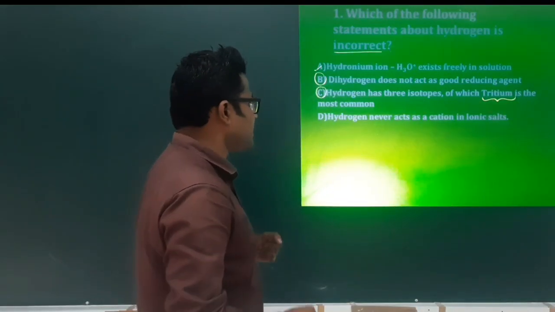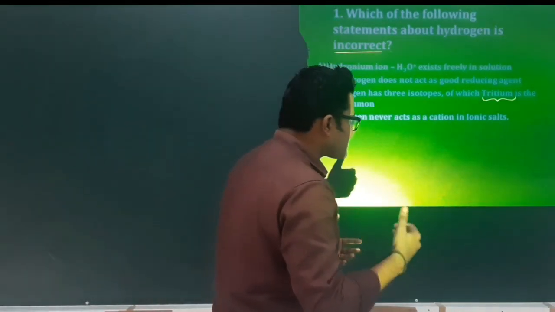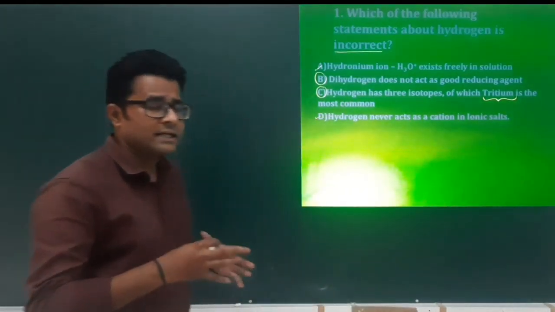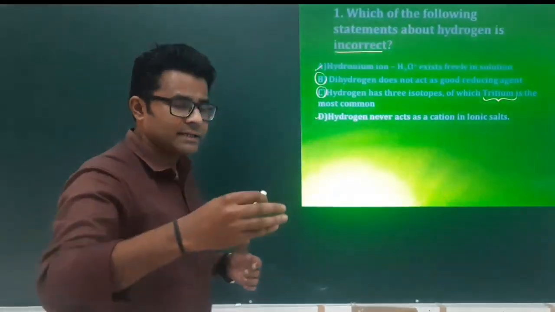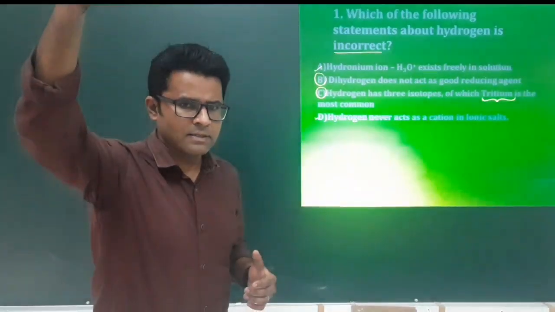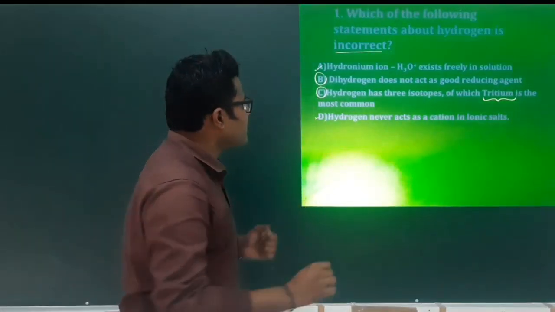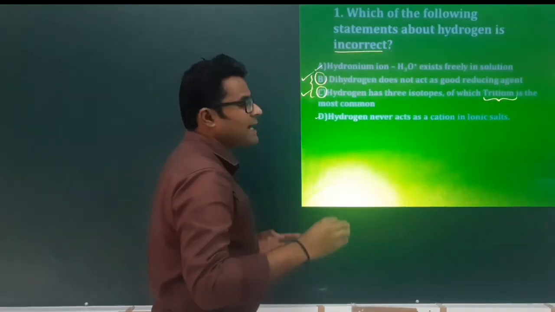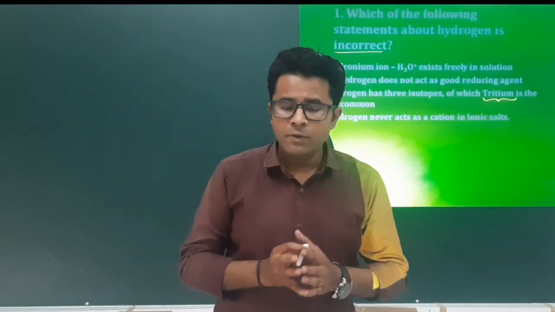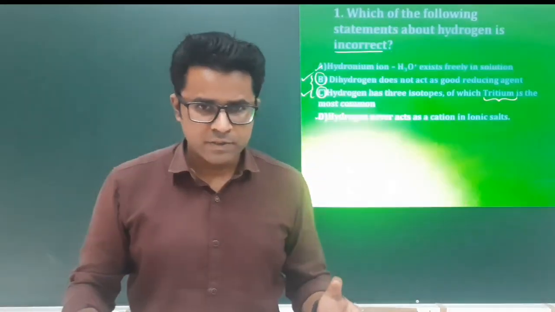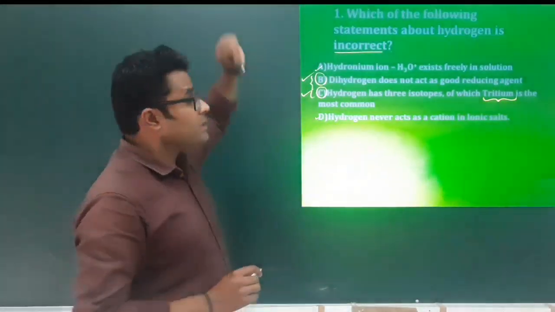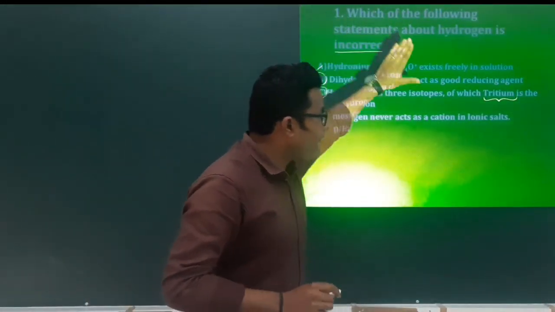Let's check option D. Hydrogen never acts as a cation in ionic salt. Again, this is correct, it does not act as a cation, that means H+ type of species. So here we have two options, B as well as C. You would face such questions wherein if you select only B, you will be awarded partial marks.